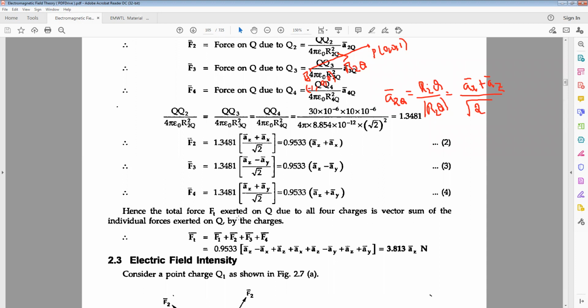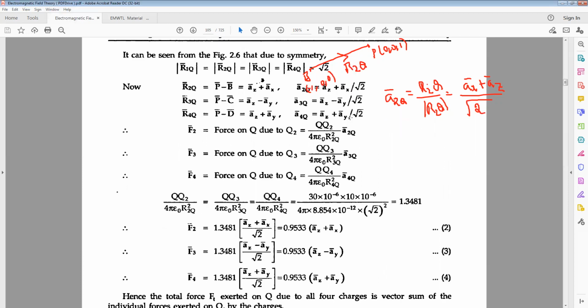So the total force exerted on Q due to all the four charges is the vector sum of the individual forces. Ft bar, the total force, is equal to F1 bar plus F2 bar plus F3 bar plus F4 bar. Take the common factor 0.9533.